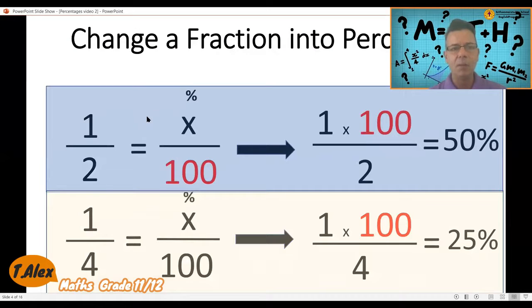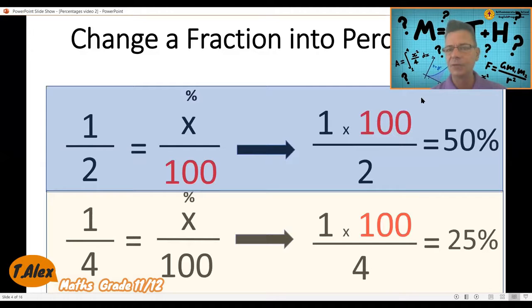Here is the long method. 1 over 2 equals x over 100. This is your percent here, and on the left is your fraction. We move the 100 to the other side. This is why we need to multiply our fraction by 100.